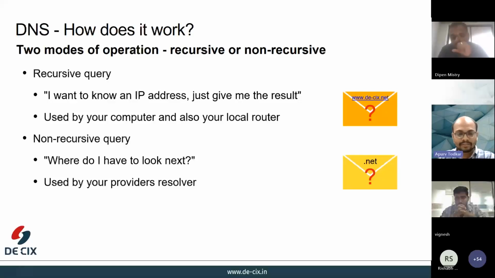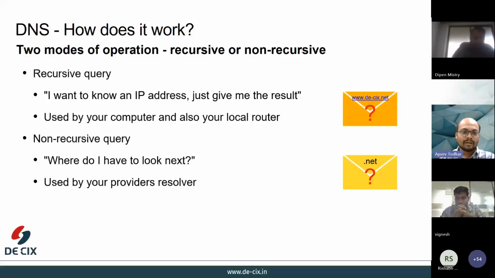And there's a non-recursive query. Non-recursive query typically involves your service provider, wherein it looks for the DNS server in the step-by-step process of querying different name servers until the resolver gets the IP address with the authoritative answer for your query.